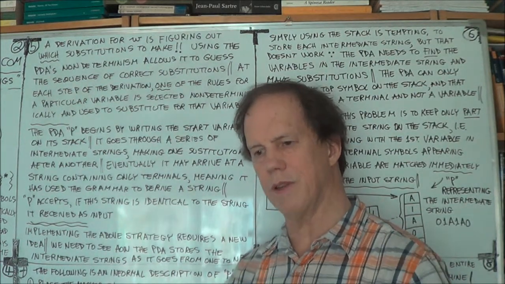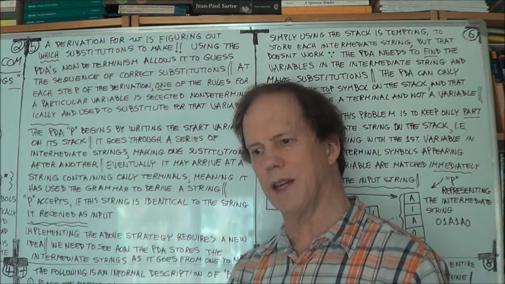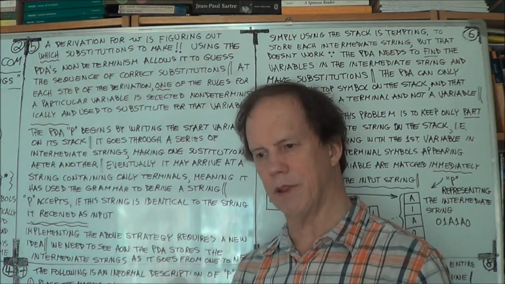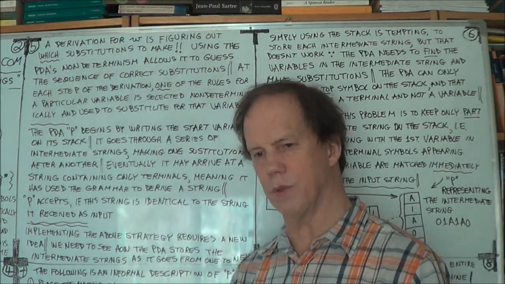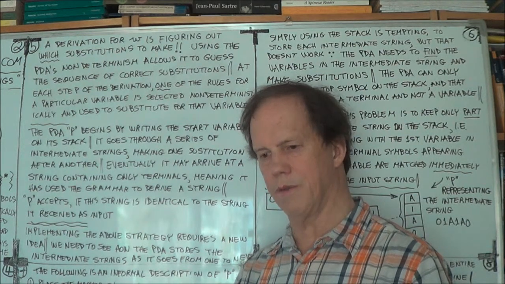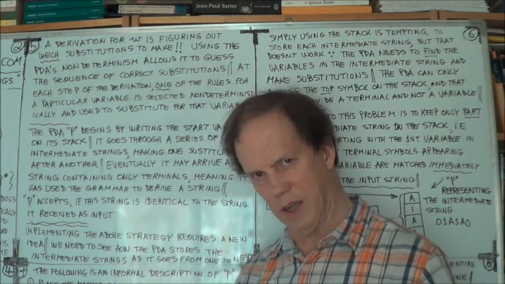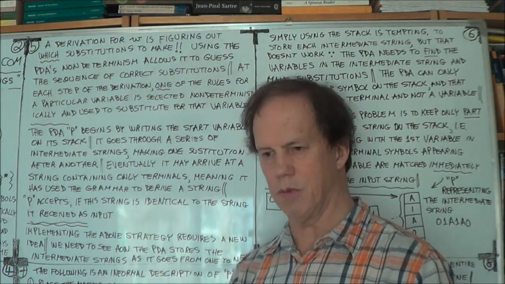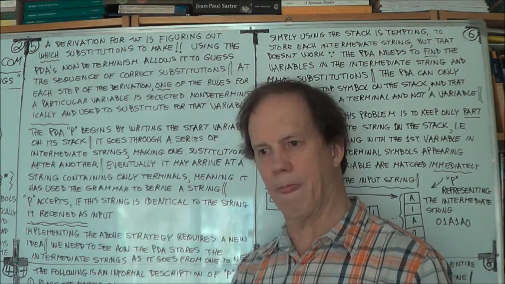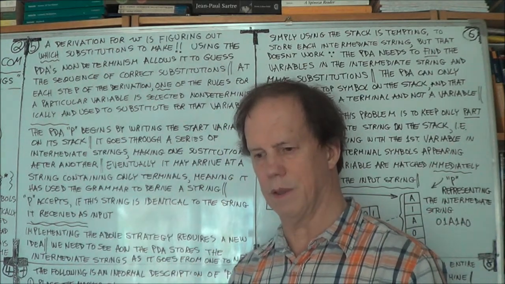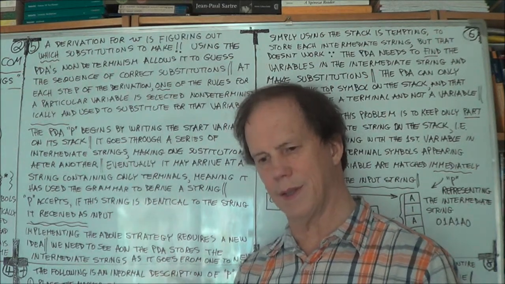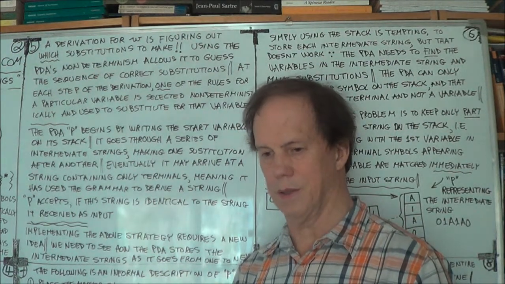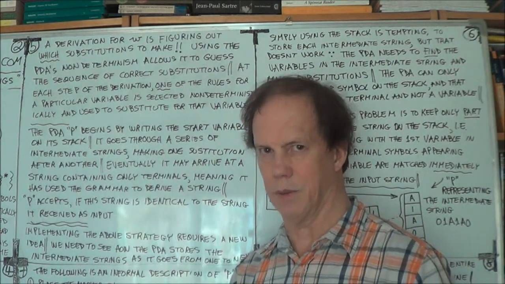So it's deriving the string starting from the start symbol, and then progressively you use the substitution rules to substitute variables in your intermediate string. You have a series of intermediate strings, and you use your substitution rules to substitute a variable in the intermediate string for the right-hand side of the rule, whose left-hand side is equal to that variable.